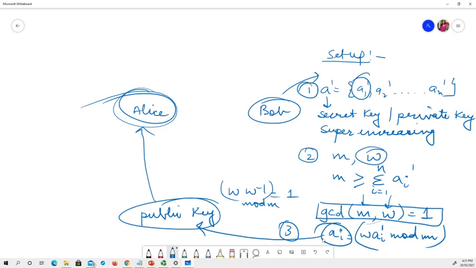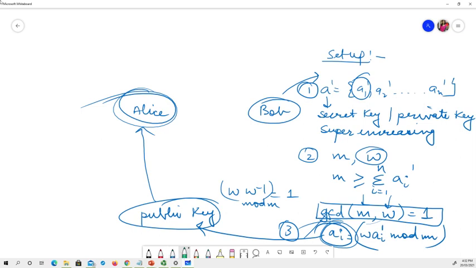Once again, this ai would not be super increasing values because here you are multiplying W with ai' in order to get that particular number. So we are able to solve this particular problem of not sending a super increasing sequence but a random sequence that would be given to Alice.